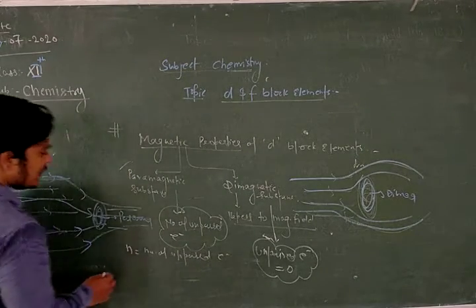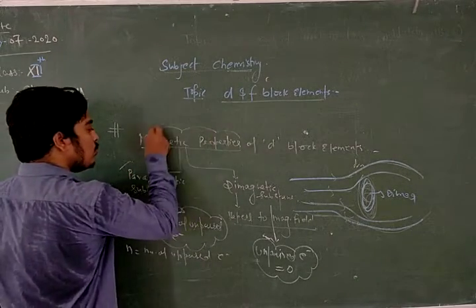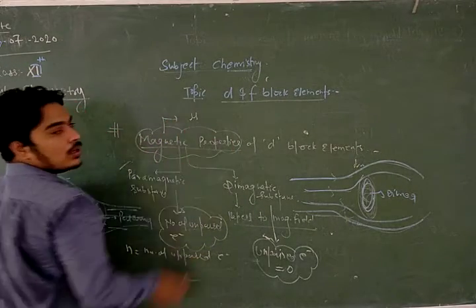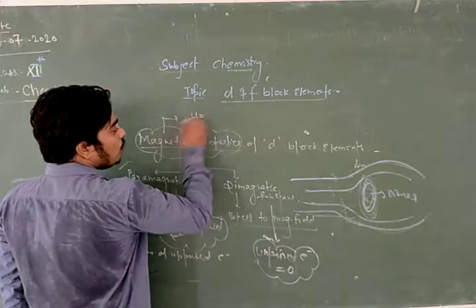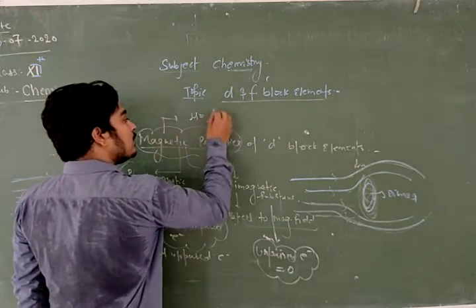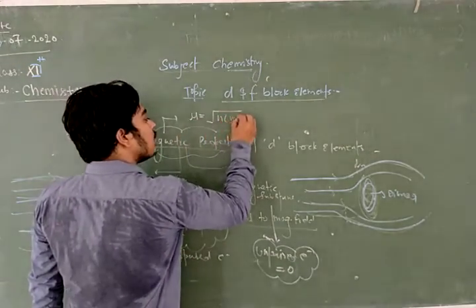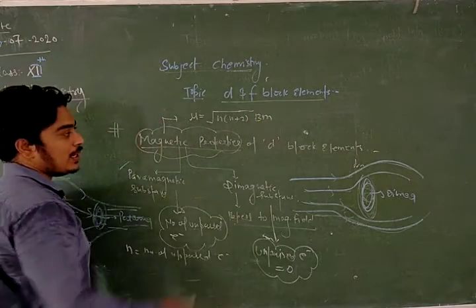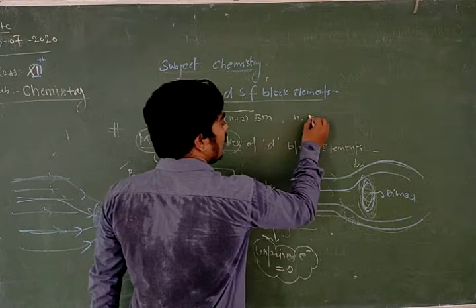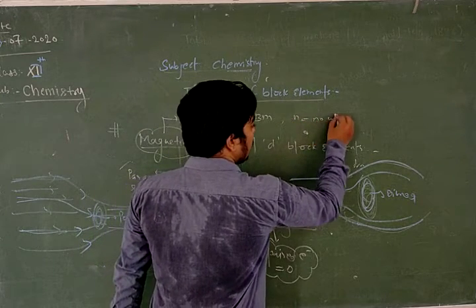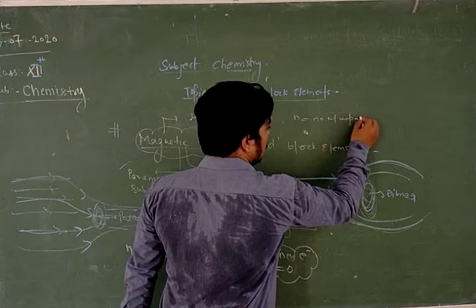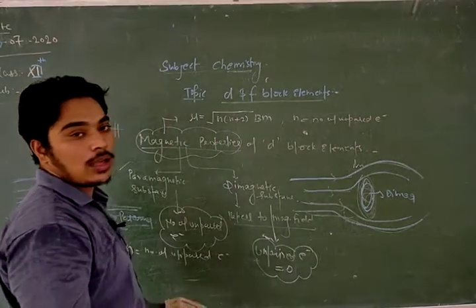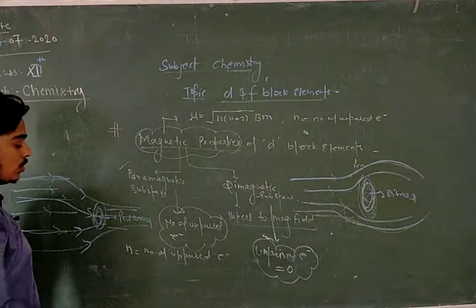then the magnetic property, since you know the magnetic property of any compound will be denoted by mu, is given by root of n(n plus 2) Bohr magneton, BM, where n is the number of unpaired electrons.